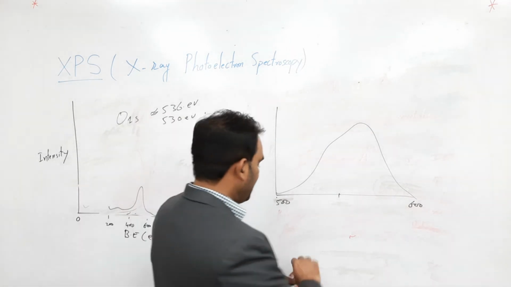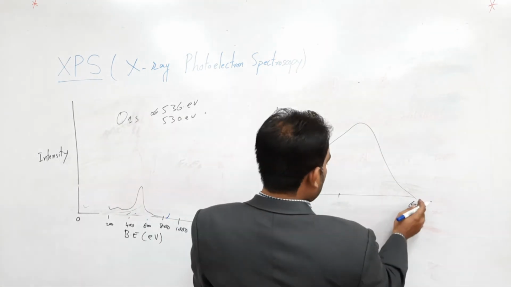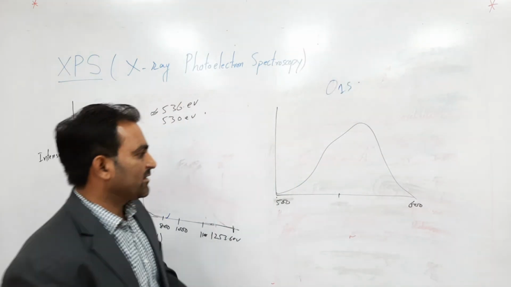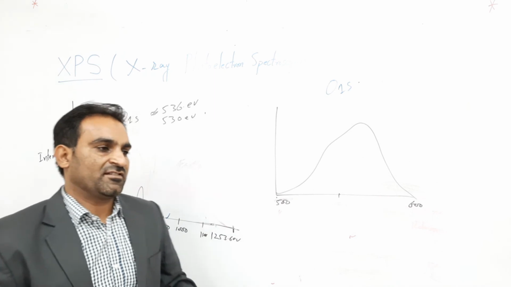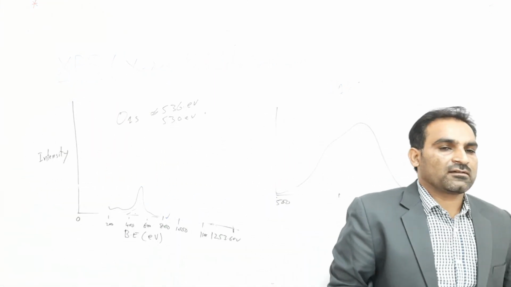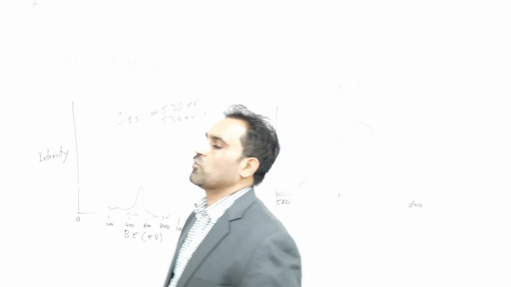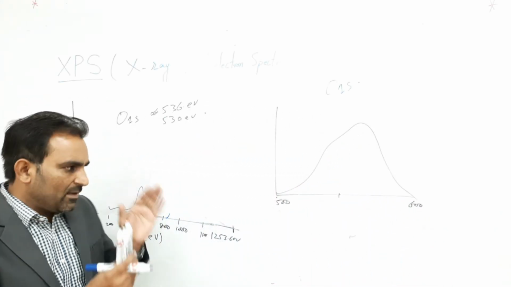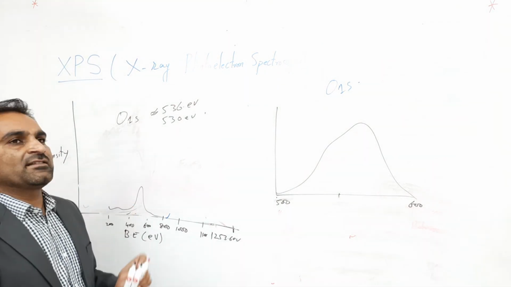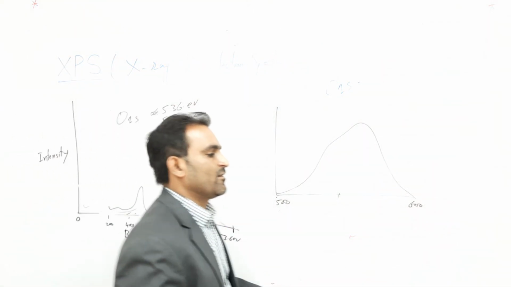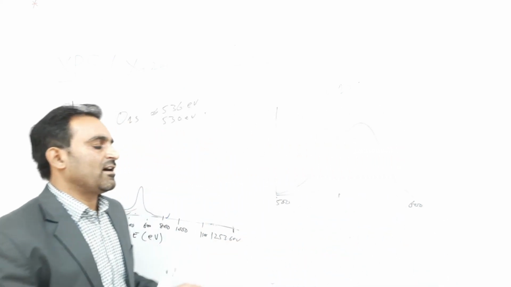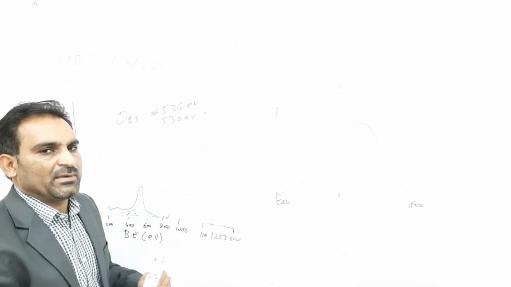Now here you have different peaks. This part is actually for oxygen 1s, but it depends upon the environment of the oxygen. We can get a shift in peak position. For any particular element, suppose carbon, oxygen, or any metal, there is a chance of a shift in peak position.